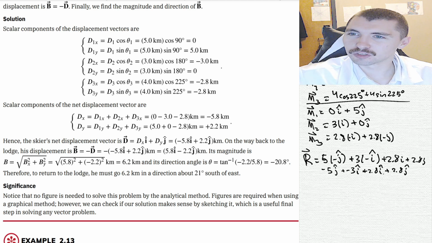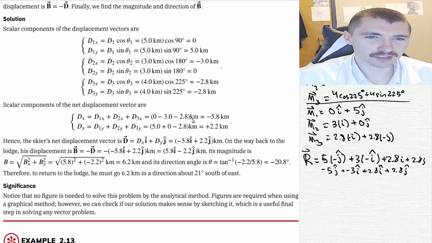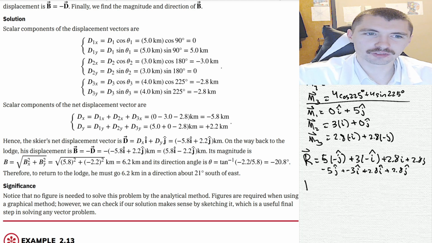So this should be negative 1.2, 1.2, negative 1.2. They're not getting that. So what do we do wrong?